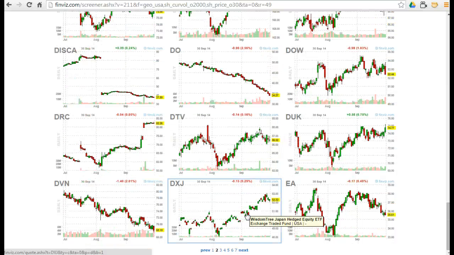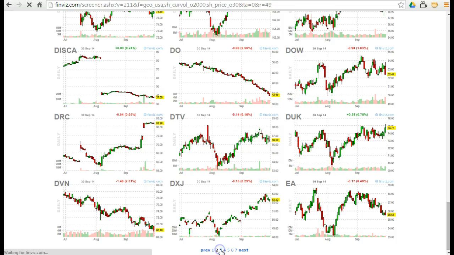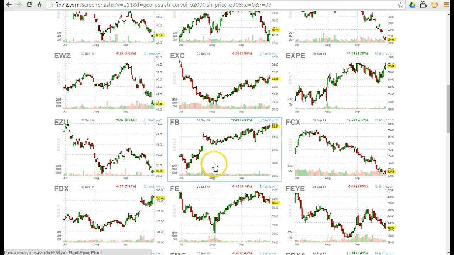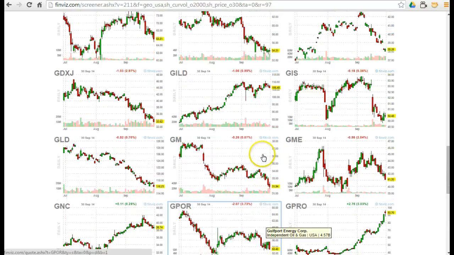All right, I'm going to scroll ahead because there's one that I have in mind here. If you look at Facebook, Facebook has been a nice one with volatility prior to this chart, so we want to stay away from this one, even though it gets a lot of hype and it is moving up slowly. There's just not enough volatility to trade that one at the current moment.